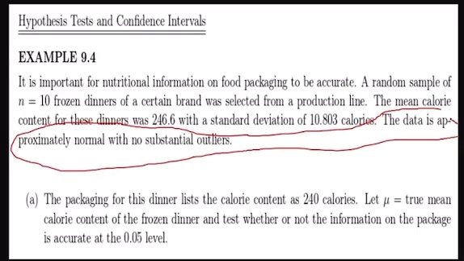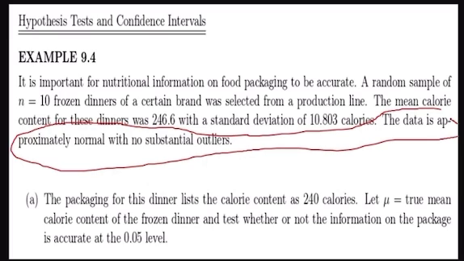Now let me tell you this. When the population from which the sample is chosen is normal, irrespective of the sample size, whether small or large, the assumption of normality holds. But if the population you are choosing from is not normal, if you actually want to guarantee the normality assumption, you must be choosing a large sample.